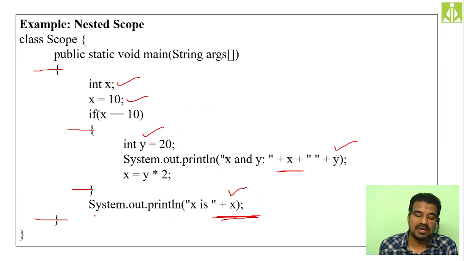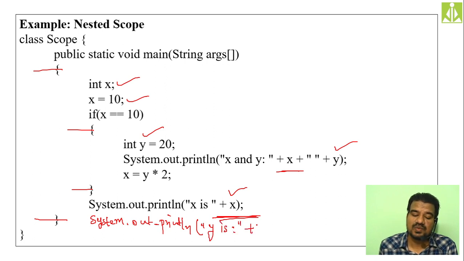But if I write another statement over here, like System.out.println("y is: " + y), what will happen? This y I cannot access over here.